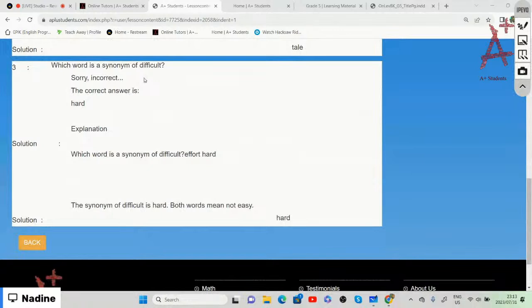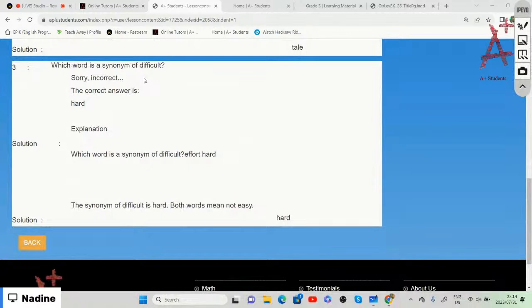So instead of writing in your paragraph that the assessment or assignment that you got was difficult, you can say that the assessment or task that you got was hard.